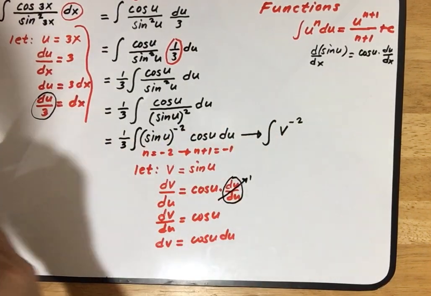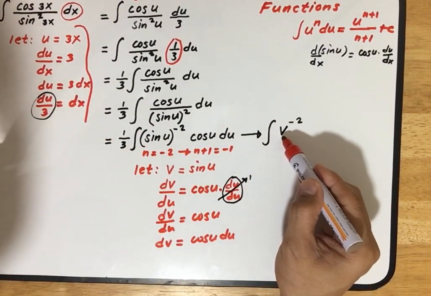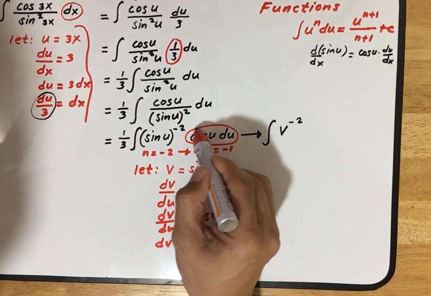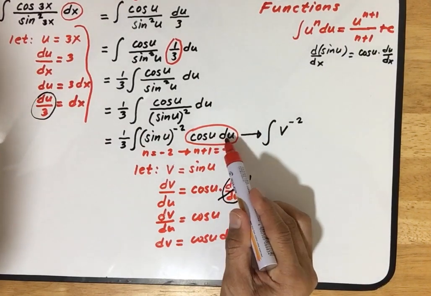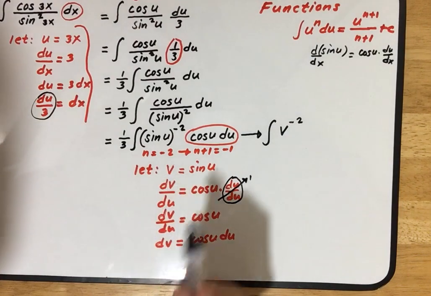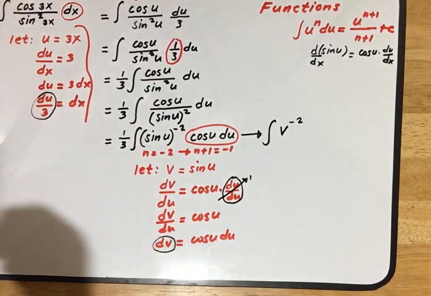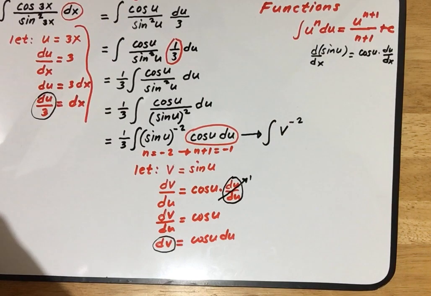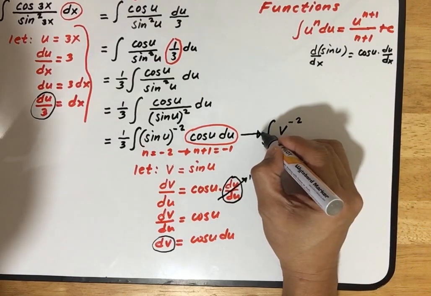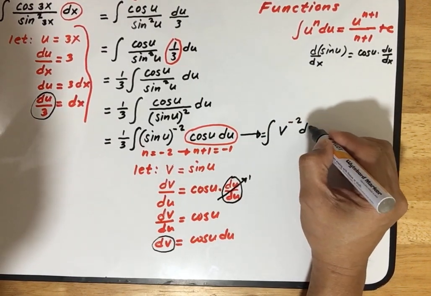Because we have v now, it must contain the dv. But we have solved that cosine u du is equal to dv. So substituting, our integral is now the integral of v to the minus 2 dv.